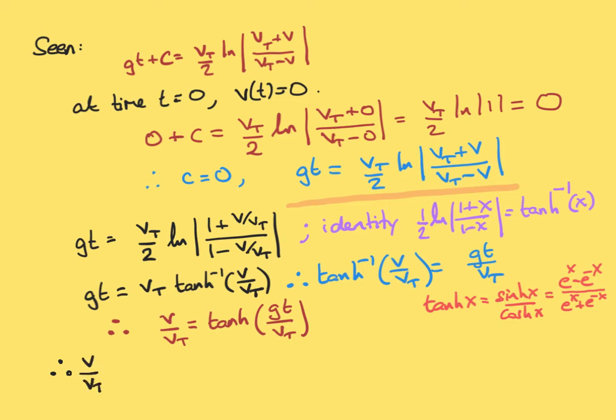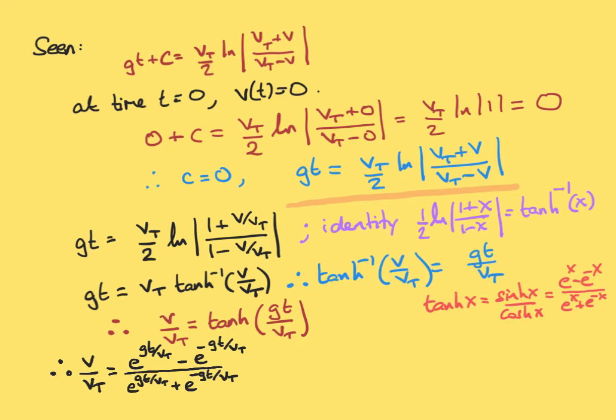over the terminal speed is equal to e to the gt over vt minus e to the minus gt over vt, all divided by e to the gt over vt plus e to the minus gt over vt.